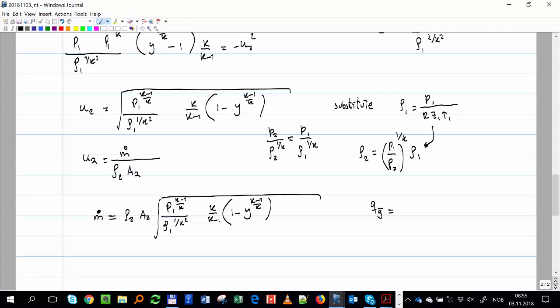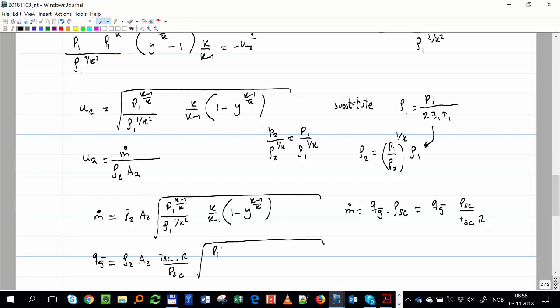So we know the mass flow is equal to the standard conditions rate times the density at standard conditions. And the density at standard conditions is P standard conditions over R T standard conditions, times QG. And then at the end QG will be equal to density 2 area 2 over density at standard conditions times that square root.